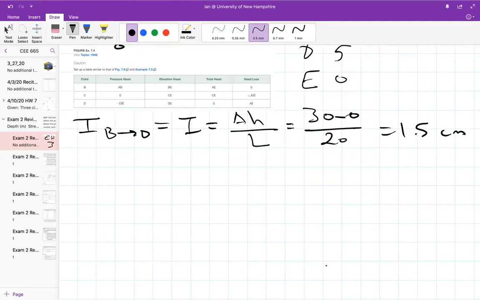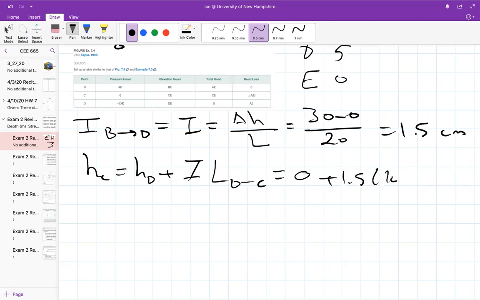Because we want to find total head, we're going to find the head at C, D, and then the length from D to C. So HC equals the head at D plus the hydraulic gradient times the length of D to C. The pressure head at C is 0, plus 1.5 times 10 centimeters.